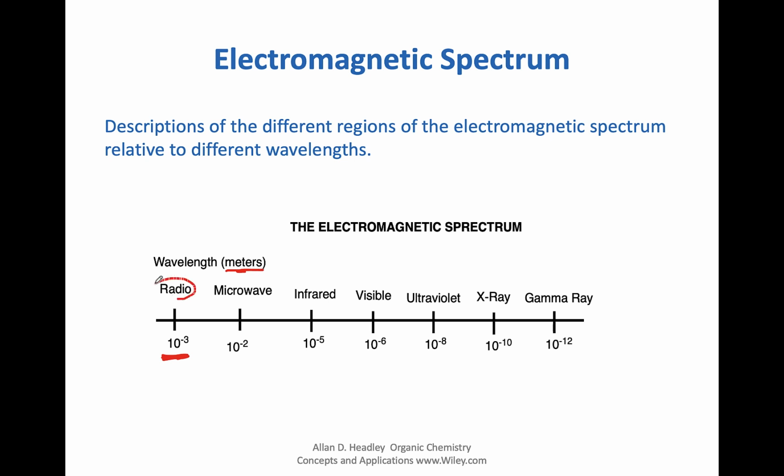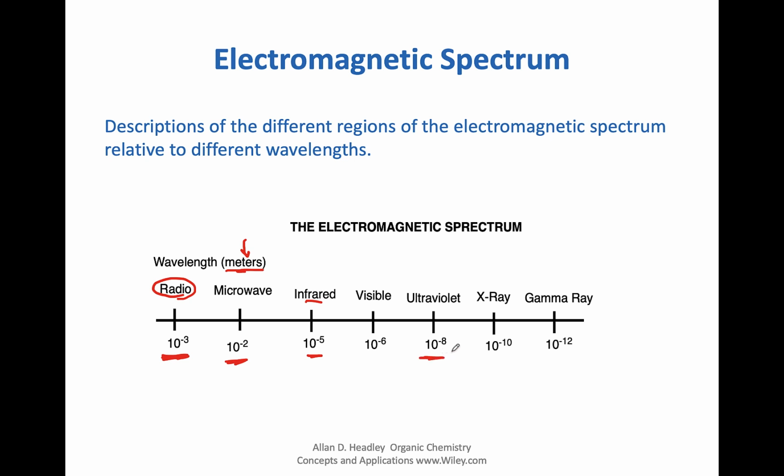That energy is described as radio frequency, less energy. The microwave has a wavelength of 10 to the negative 2. Infrared, 10 to the negative 5. Notice it's getting shorter and shorter.